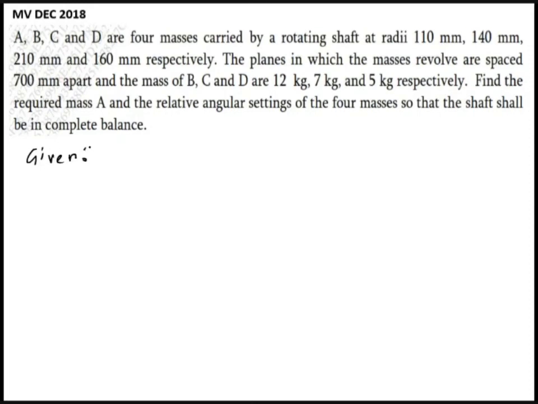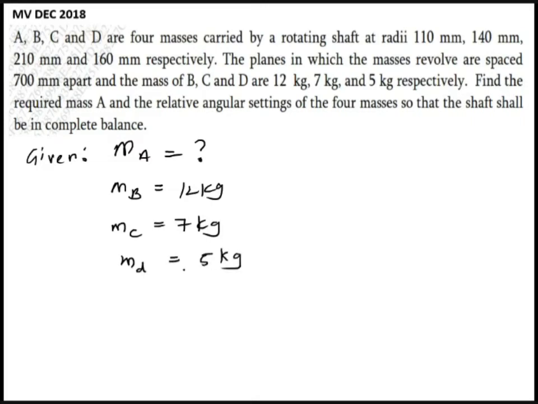Let us say what is the given data. Mass MA you have to find. Mass MB they have given as 12 kg. Mass MC they have given as 7 kg, and mass MD they have given as 5 kg respectively. Next, they have also given the radius of rotation: RA is 110 mm, which is equal to 0.11 meter.